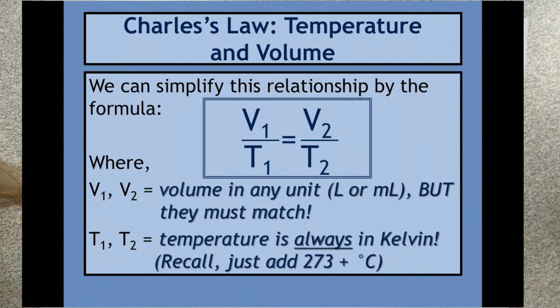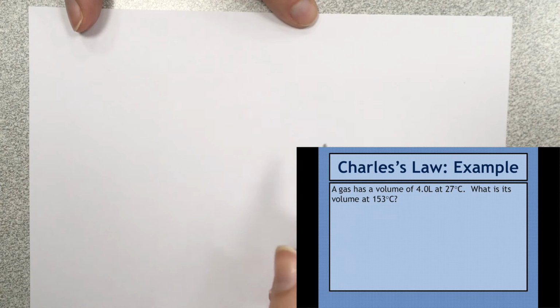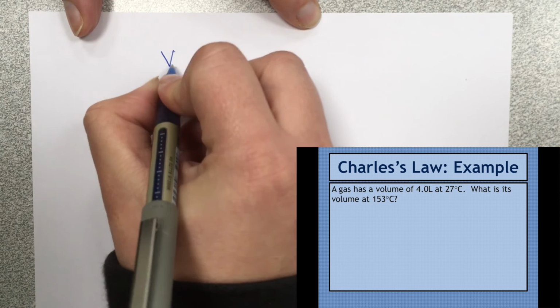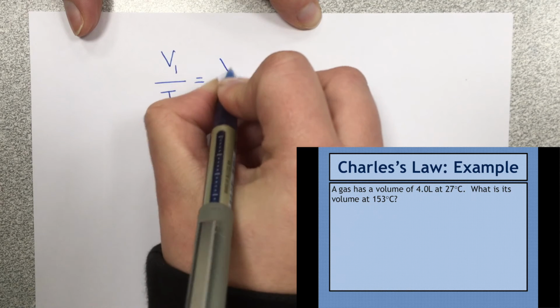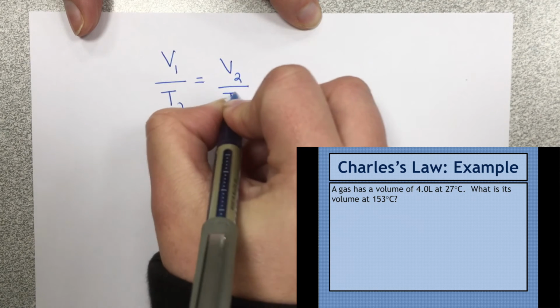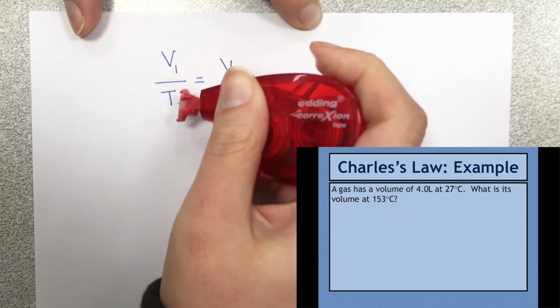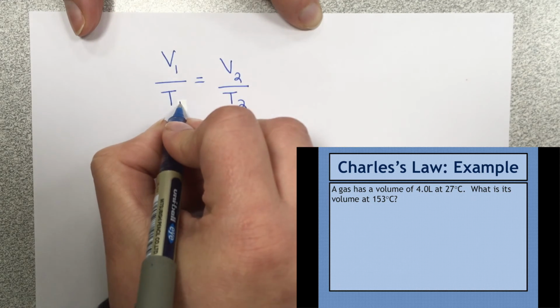There's no variation from that. So let's do a quick example. Charles's law, remember his formula is volume 1 over temperature 1 is equal to volume 2 over temperature 2. I'm so sorry, I don't even know if I said the right words, but it should be temperature 1.